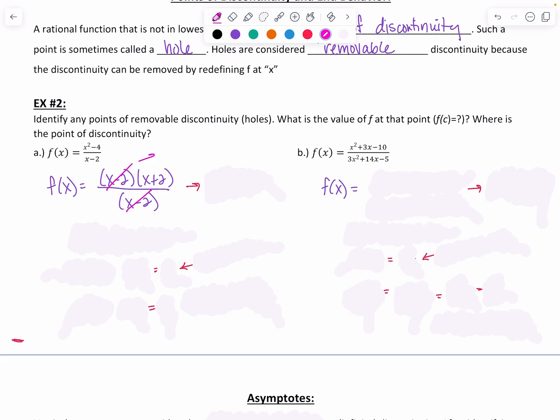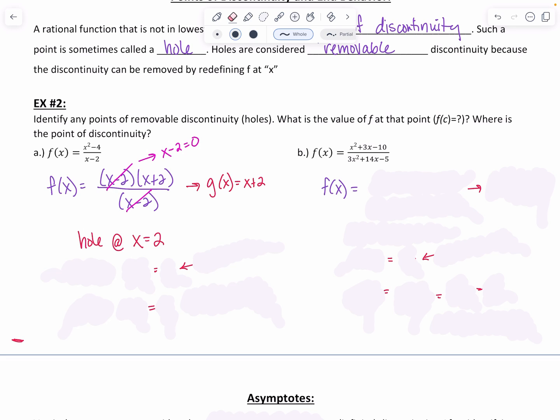The hole is going to be wherever this makes my function equal 0. So wherever x minus 2 equals 0, that means there is a hole at x equals positive 2. So in this graph, we know that there is going to be a removable discontinuity, a hole at x equals positive 2.